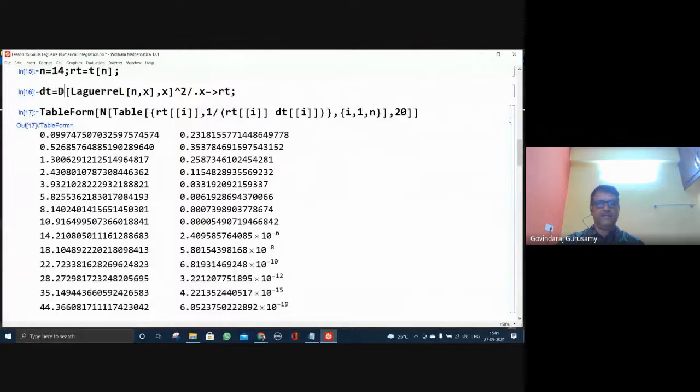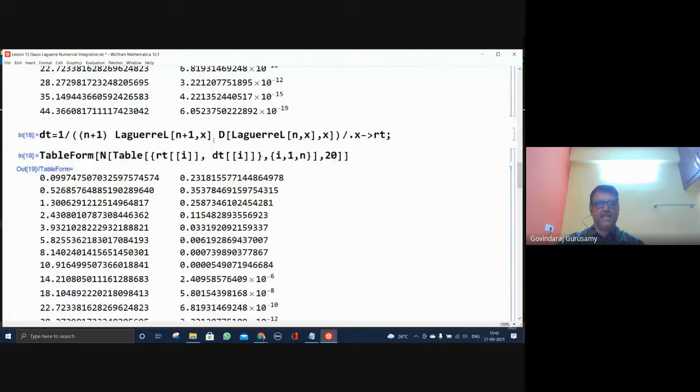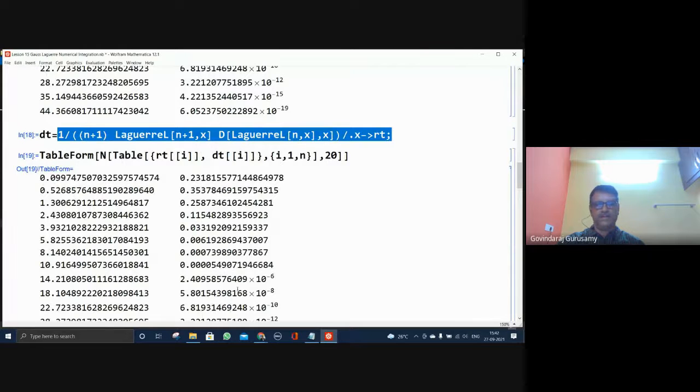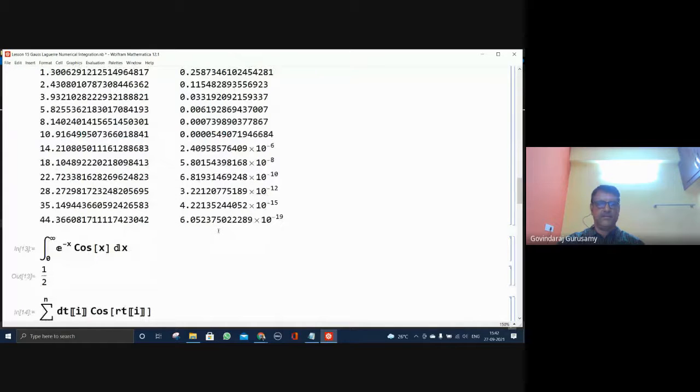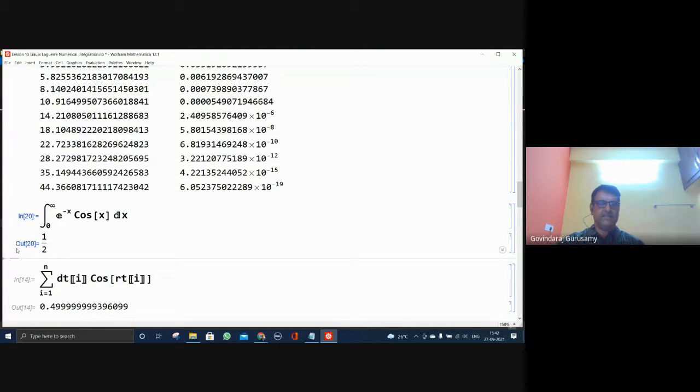You can see that substituting r of t gives the same number as what I have here. That's also the same number. Check it now. The numbers are here. So now we have e power minus x square. What do you have to do? Integrate from 0 to infinity. Magnitude is half.